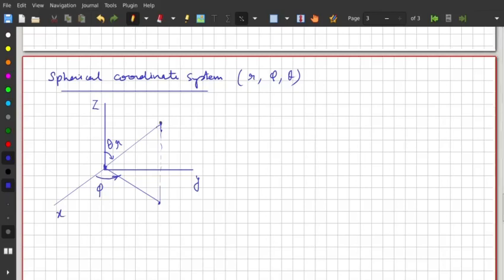This is the point P. This is the direction of dr. This is one direction, and then we have another direction which is parallel to this.